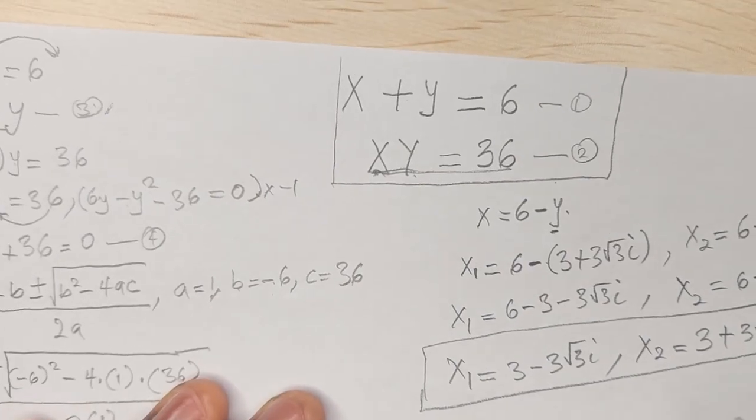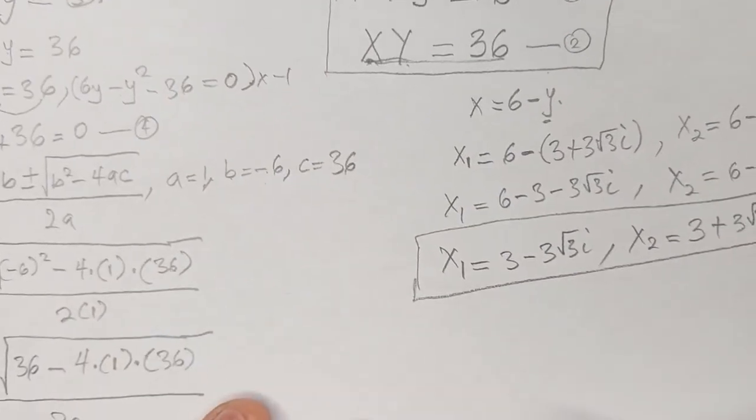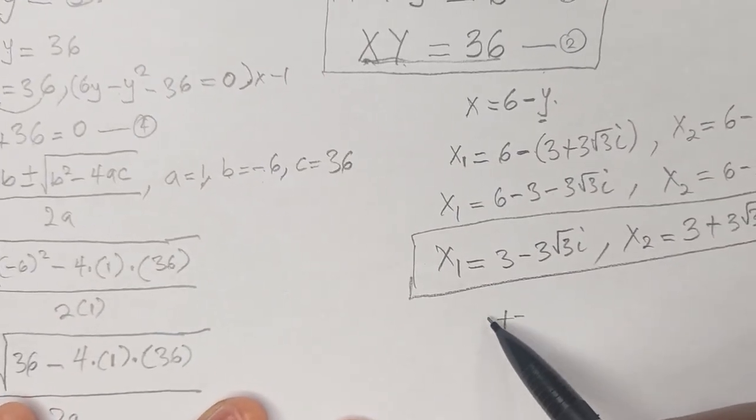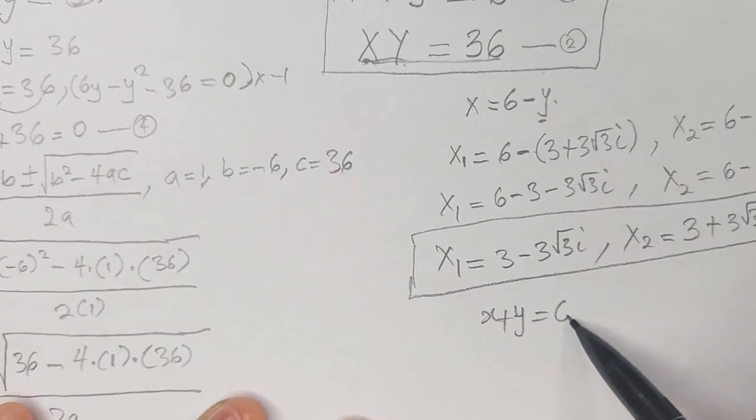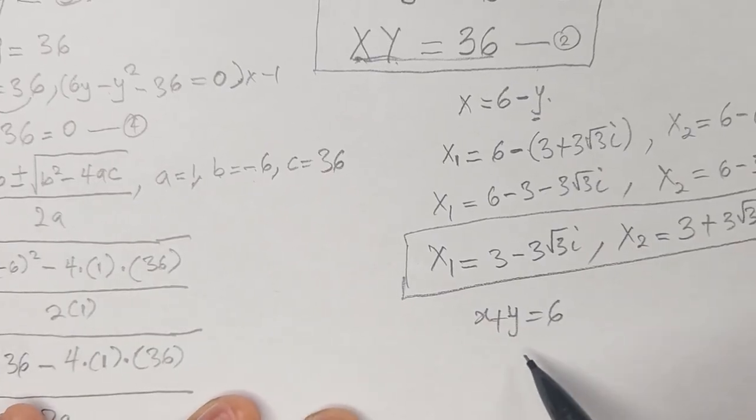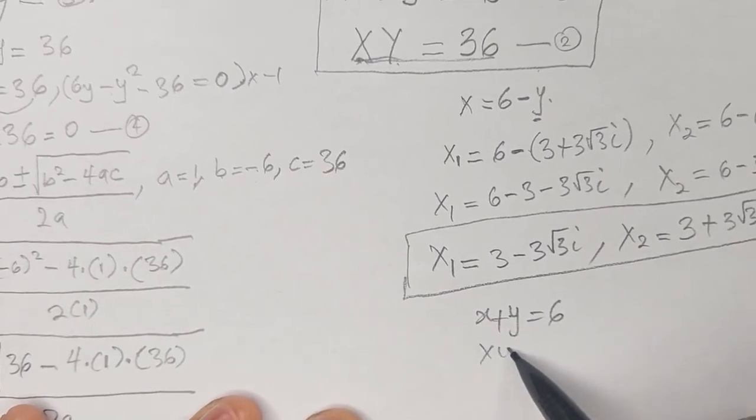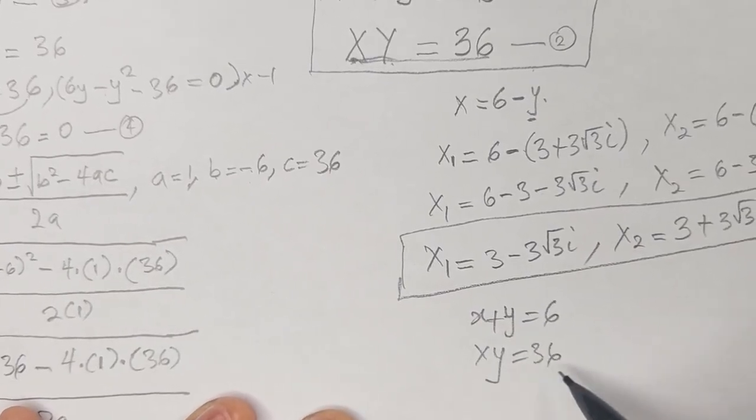Okay, so x plus y is equal to 6, and xy is equal to 36.